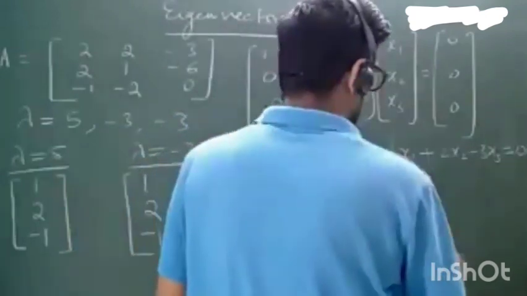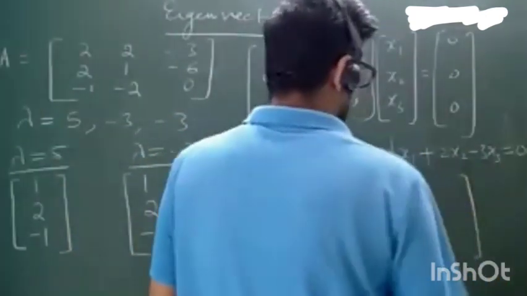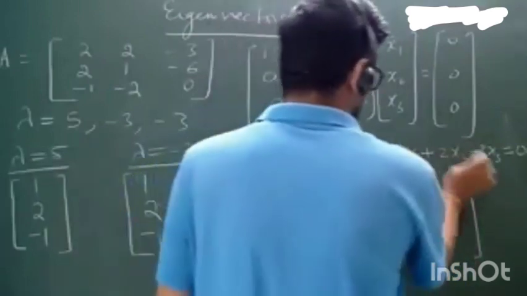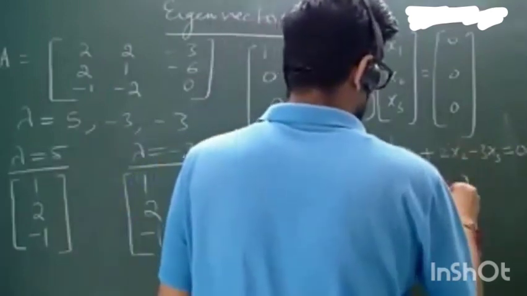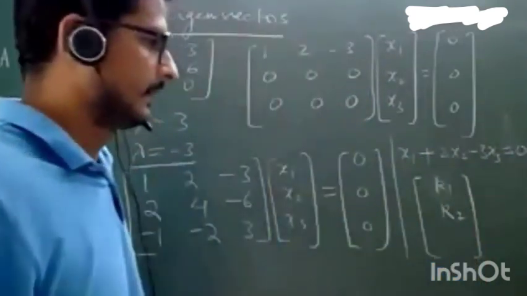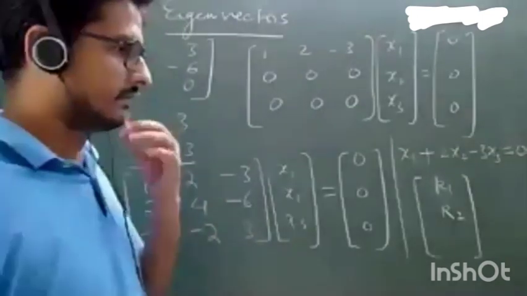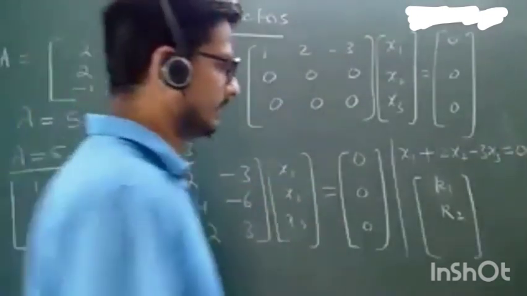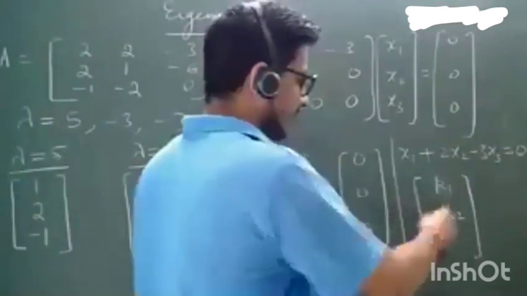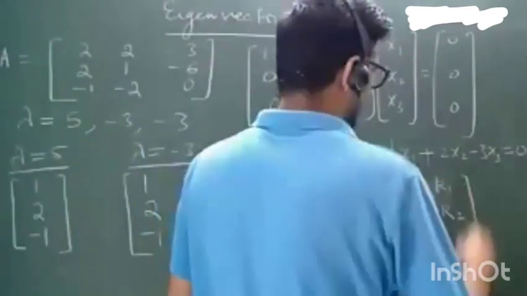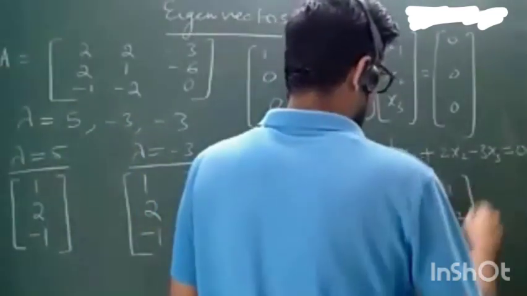For example, I will write x1 as some k1 and x2 as some k2, because three variables are there and one equation is there. This is the only way to solve it.